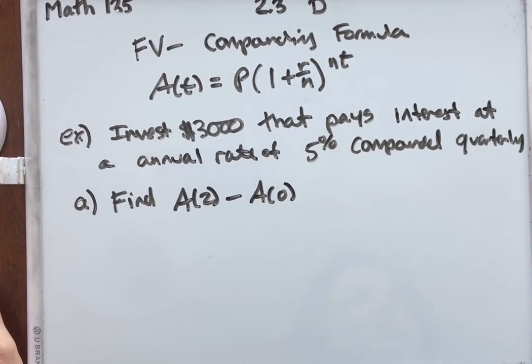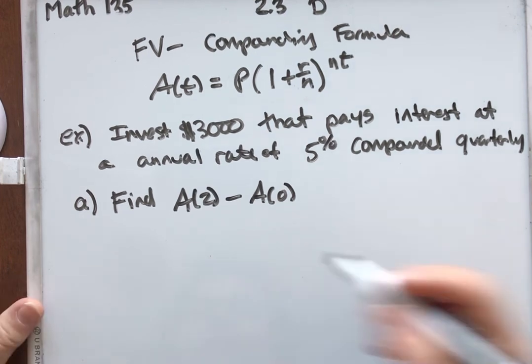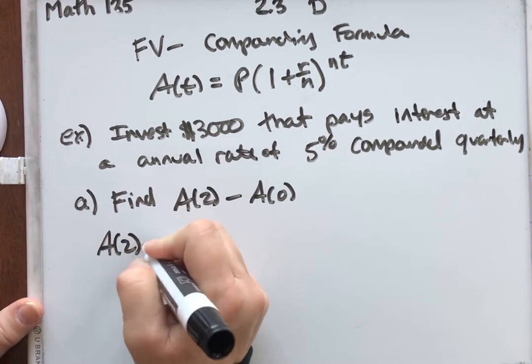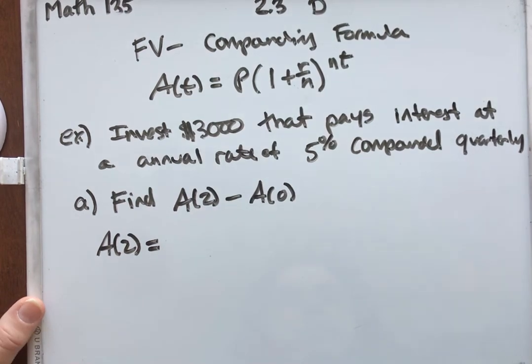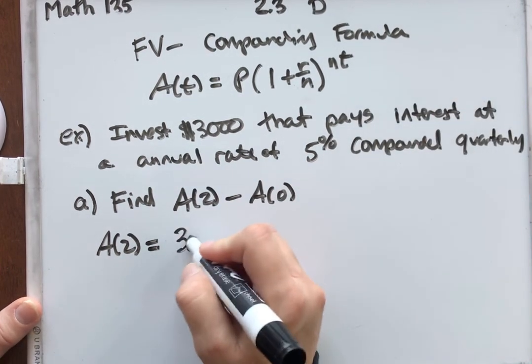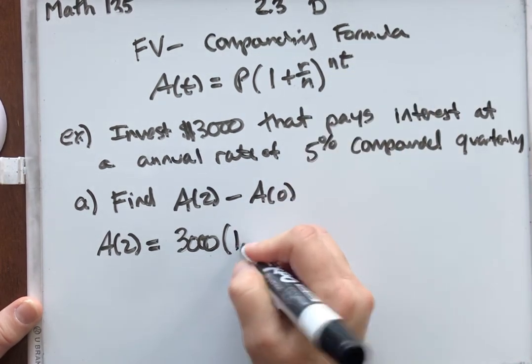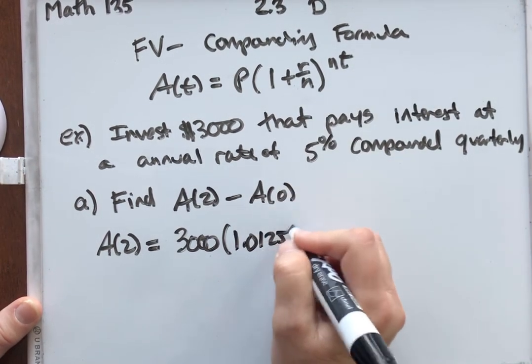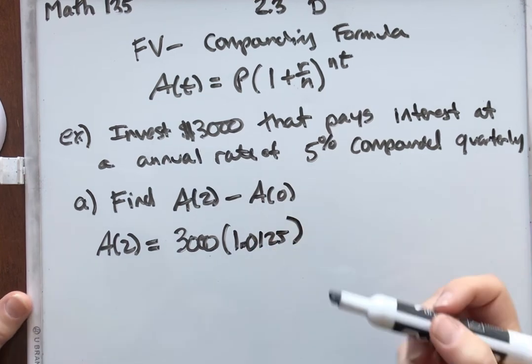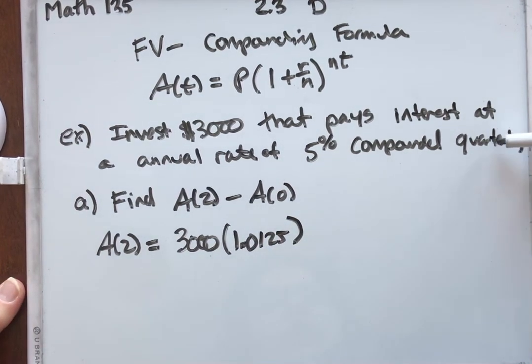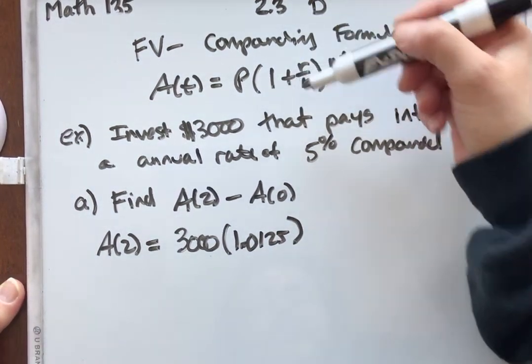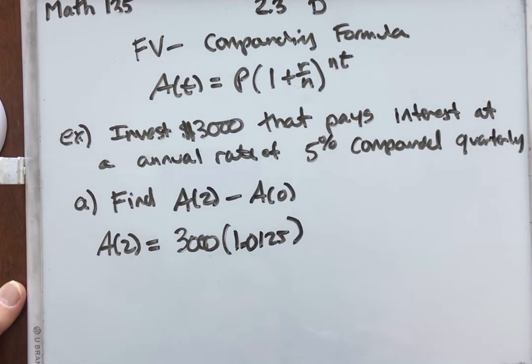So we'd have to put 2 into our equation and then 0 into our equation. So for A of 2, we have 3,000 times 1.0125, after putting n equals 4 and doing all that work.